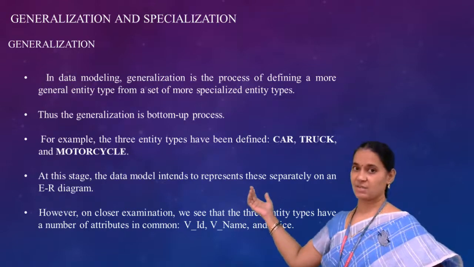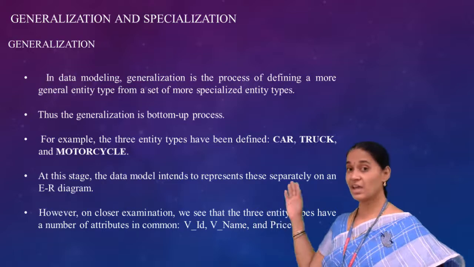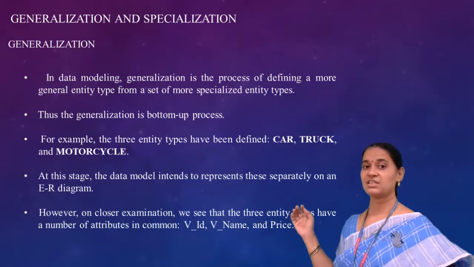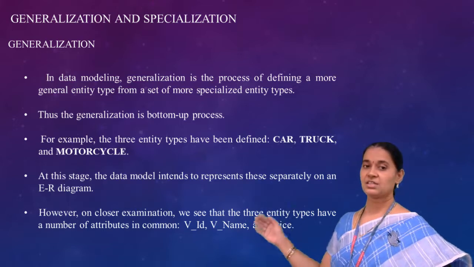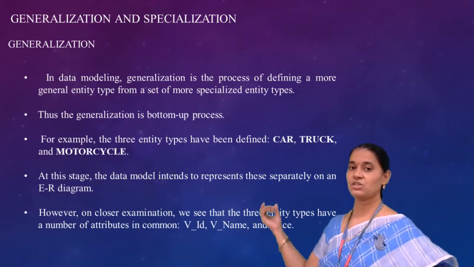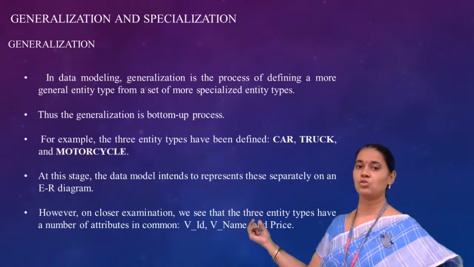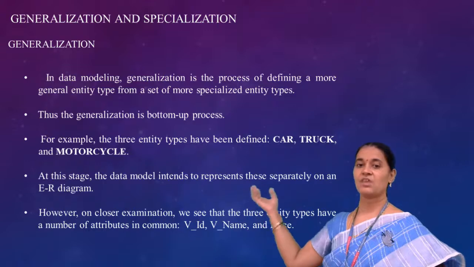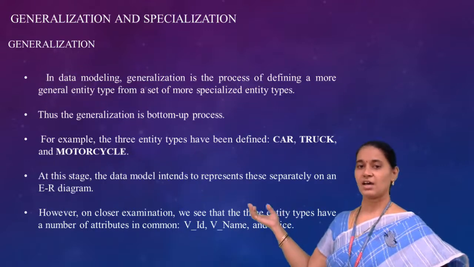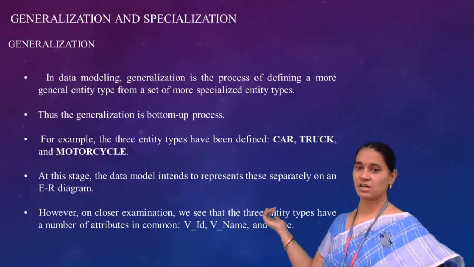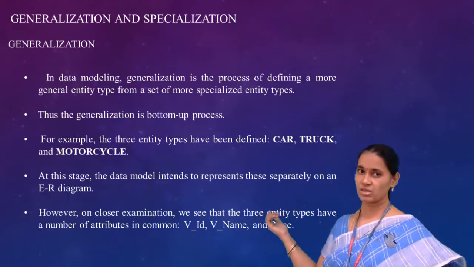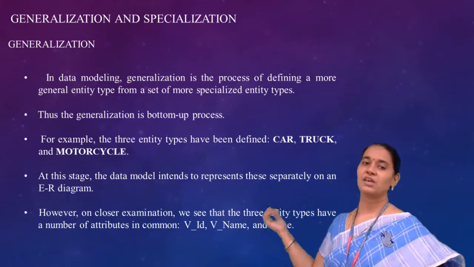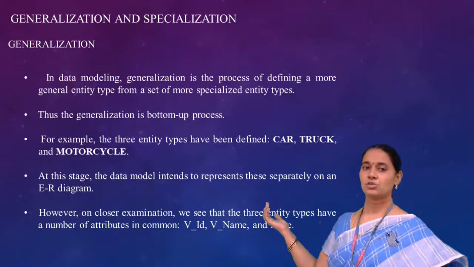Let us consider three entities, namely car, truck and motorcycle. For these three entities, we are going to draw three diagrams. The car has attributes which include vehicle number, vehicle name, vehicle price, car model, etc. Truck includes truck number, vehicle ID, vehicle name, vehicle price, vehicle capacity, etc. Motorcycle includes vehicle ID, vehicle name, vehicle price, and also its capacity.